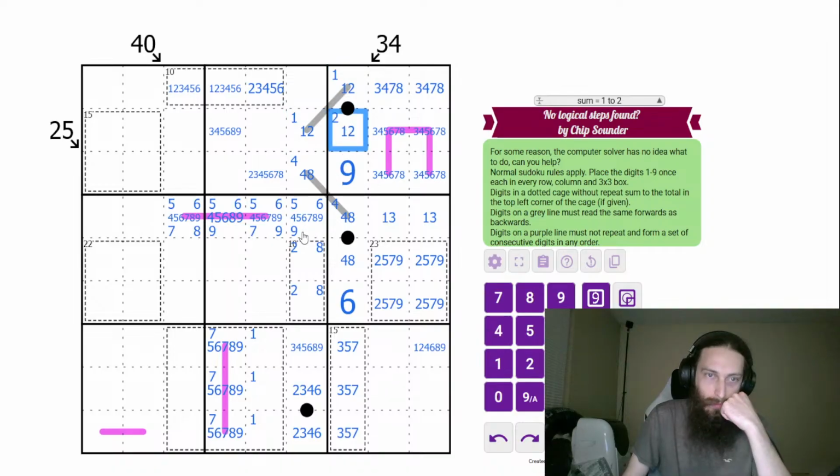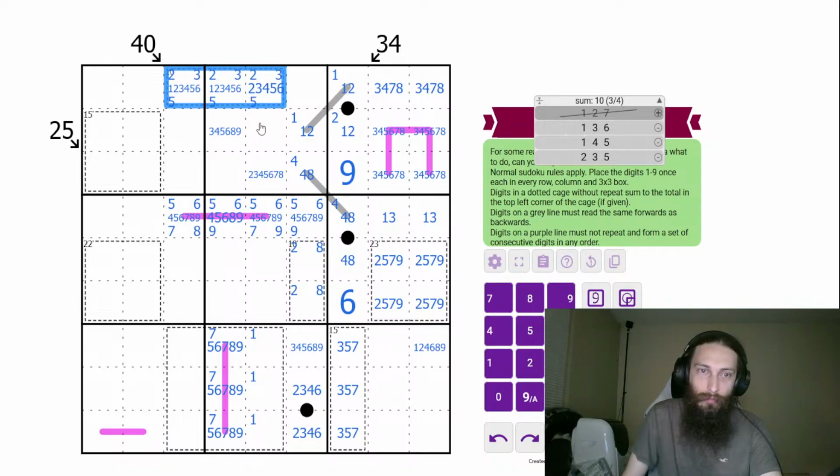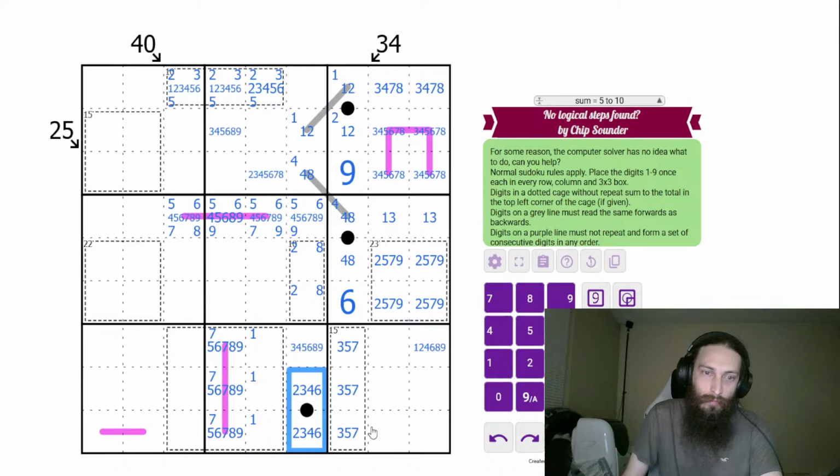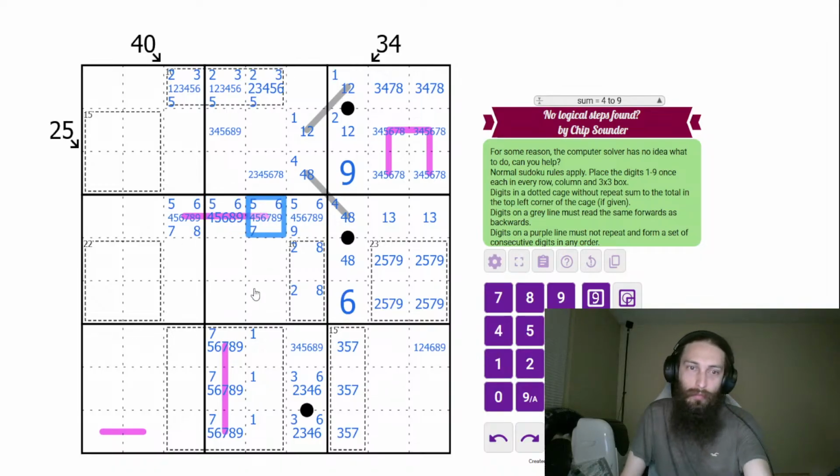Ones and twos. So it ended up being 2, 3, 5. 3, 6. Would make this 7, 8, 9. So the 9 would go away. And then the 9 would go away from here.